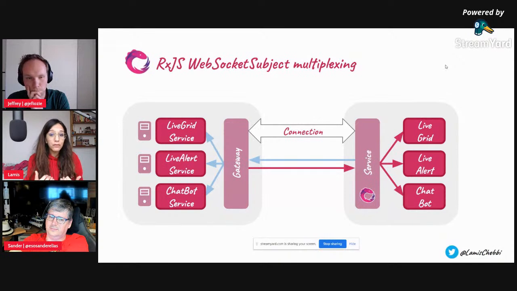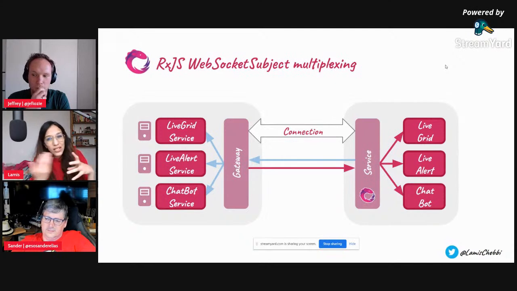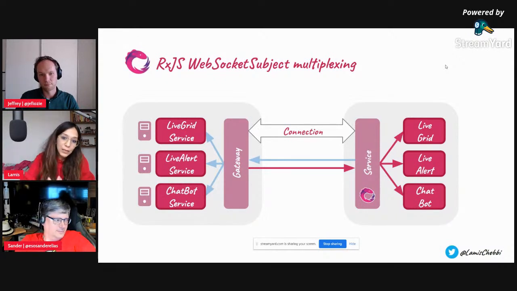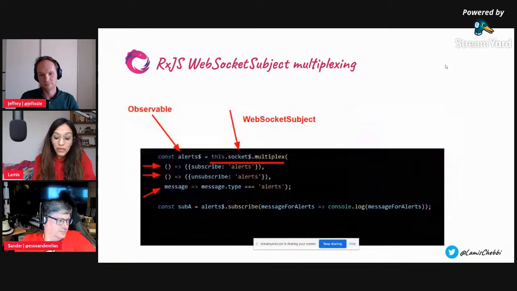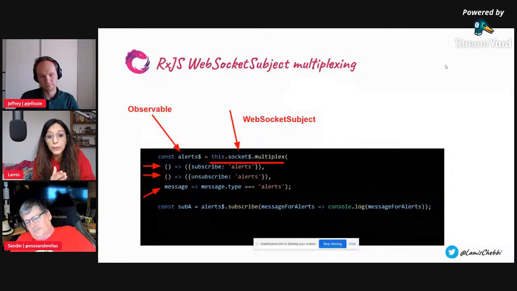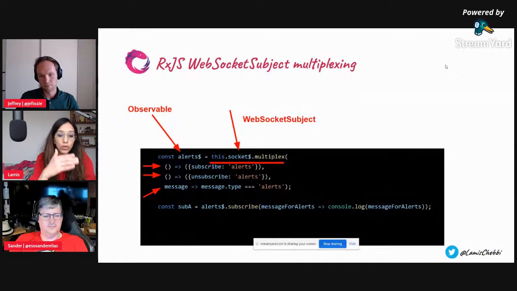But still, even though we have only one gateway, it's highly desirable to manipulate the messages coming from the server as if they were coming from different components in order to do specific treatments. And this is where multiplex hits the scene. The multiplex method available in the WebSocket subject will multiplex this subject into an observable.